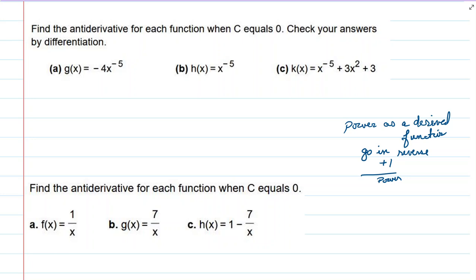All right, so on this one, we want cap G of x. Well, I'm starting with negative 4x to the negative 5. I'm going to add 1 and divide by it, because negative 5 plus 1 is negative 4. Everybody agree?